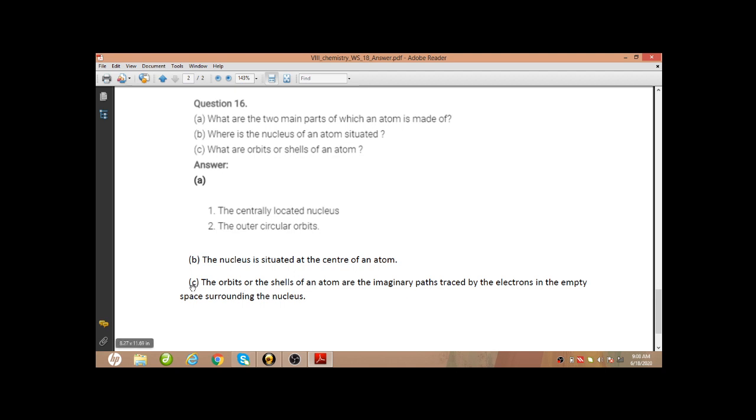So surrounding the nucleus, in the empty space, the electrons are revolving through those imaginary paths. So these are the orbits or shells.